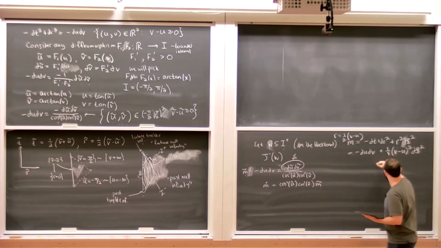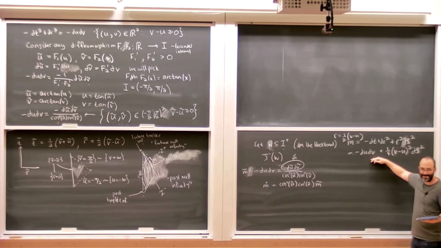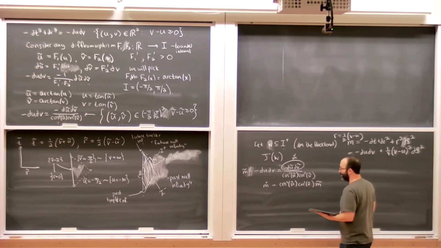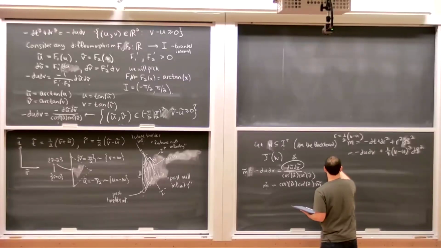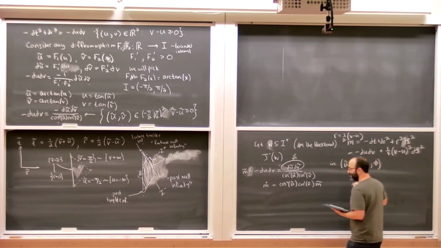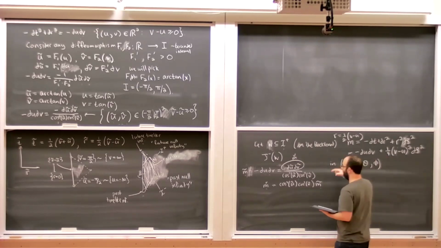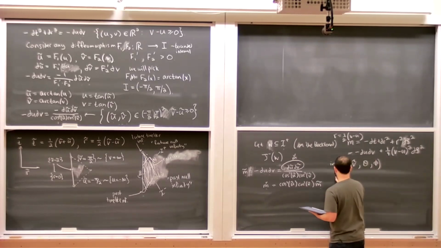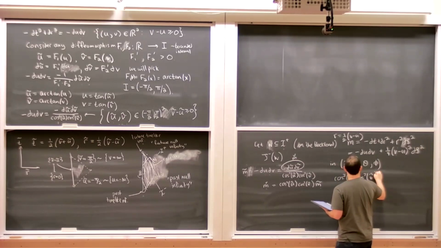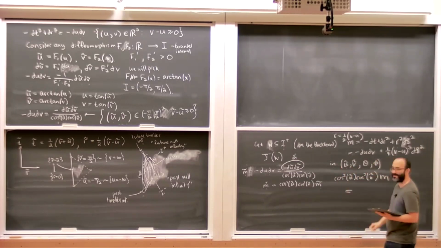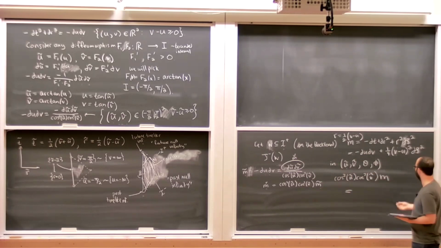Now I can do the u tilde and v tilde change of variables. I could do that here still to define a new u tilde and v tilde, and I can look at what I get in u tilde, v tilde, and now let's keep the whole sphere around. I do the same coordinate change on these, and I can multiply by the same conformal factor. I can try to see what I get, and it's a little exercise in some trig identities.